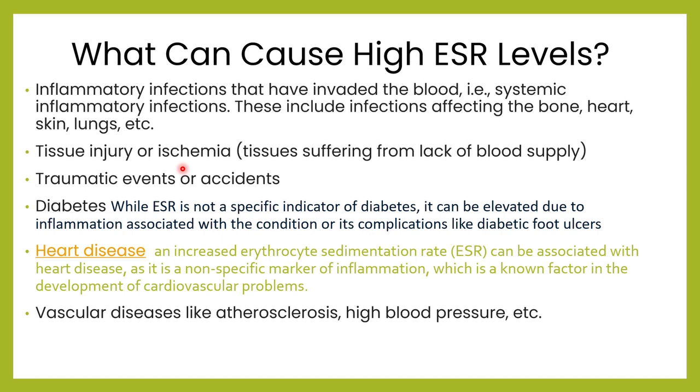It is not that specific for diabetes, but because there is always a low grade of inflammation which is associated with diabetes, patients who are diabetic, their ESR might be slightly high, and usually these patients, when their sugar is not controlled properly, they have diabetic complications, diabetic nephropathy, ulcer, diabetic foot, etc. So that time also their inflammation will be high and ESR also will be high.